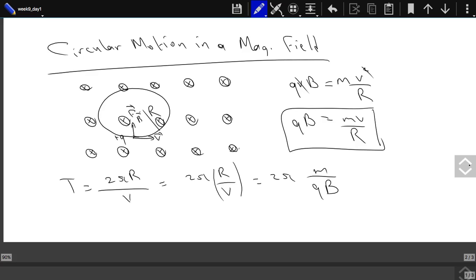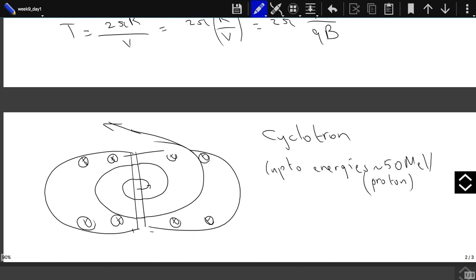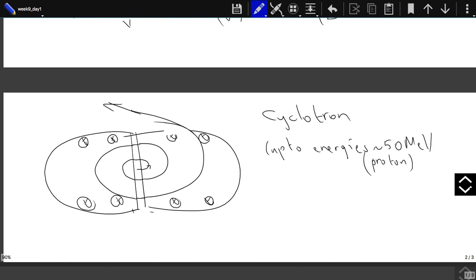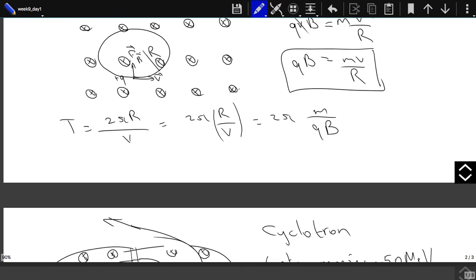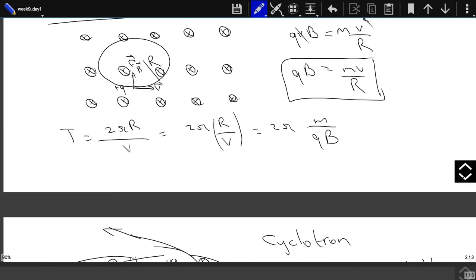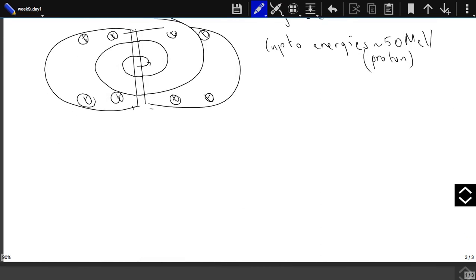And the period of oscillation, the switching, changes based on the energy. So we cannot use a fixed frequency. That is one problem. Furthermore, the radius becomes very large. That's another issue.